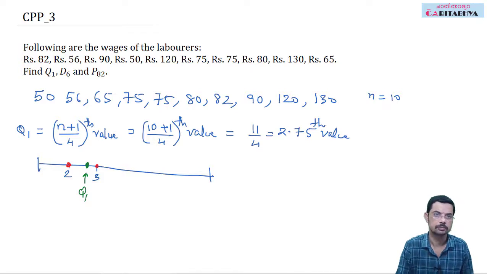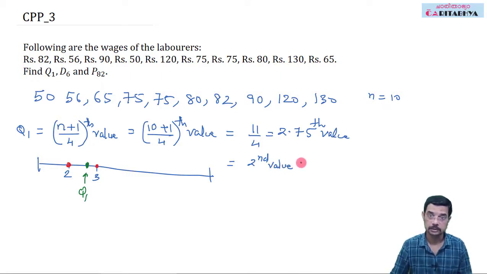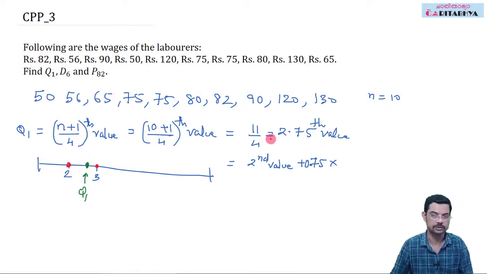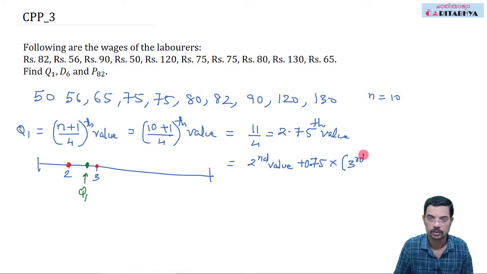So to do that, let us move further. First of all, this will be equal to the second value plus 75%, or 0.75, into the distance between the second observation and the third observation, that is, the third observation minus the second value.